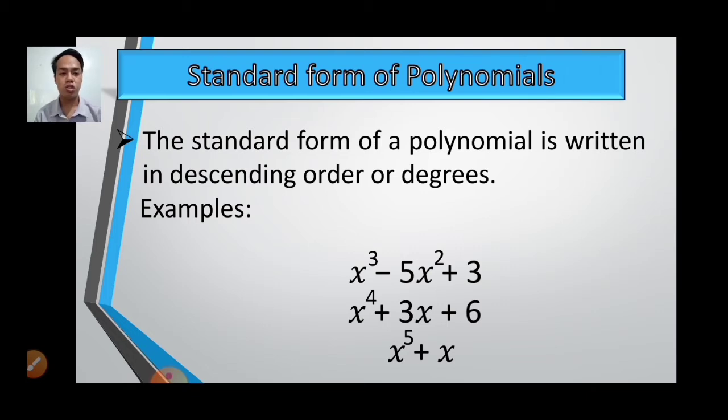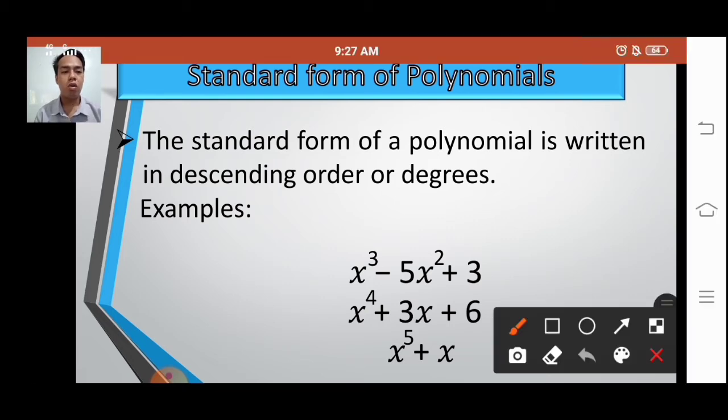X cubed minus 5x squared plus 3. If we look at the exponents of the given expression, the first term is x cubed. Then the second term is 5x squared. So x cubed comes first because it has the higher exponent, and next is the exponent 2.